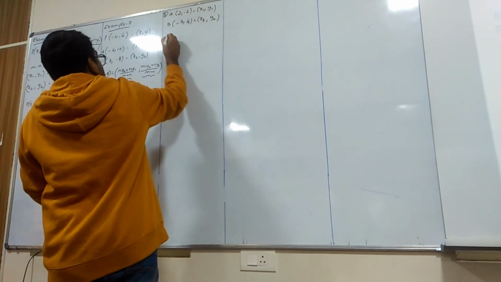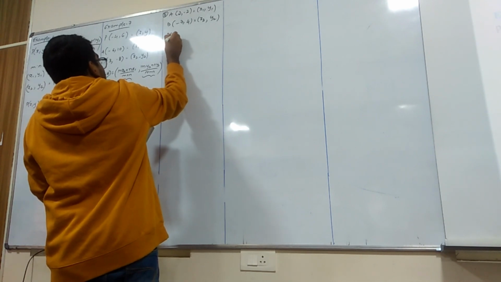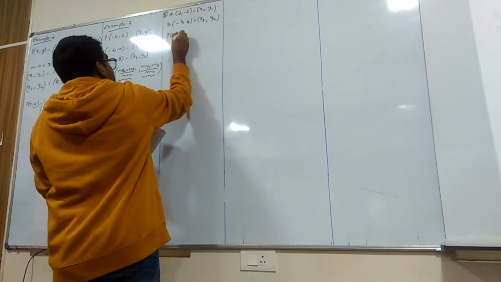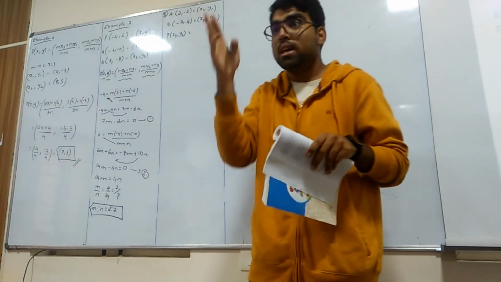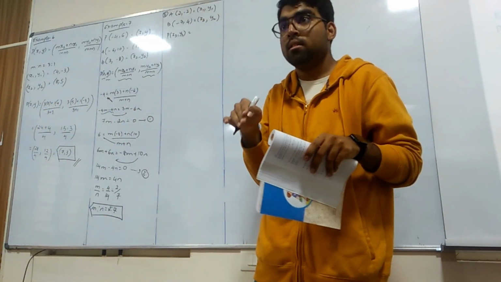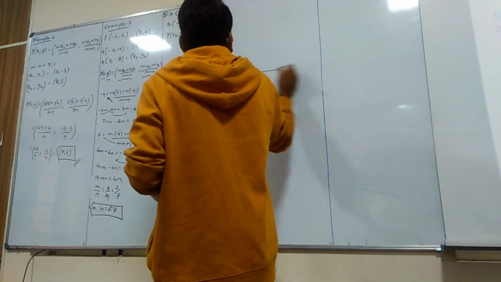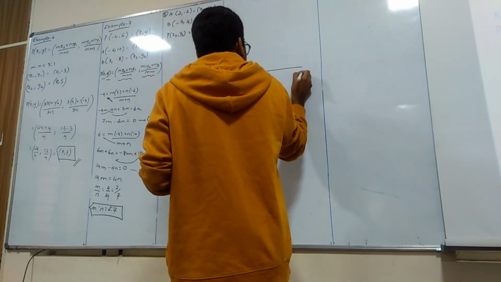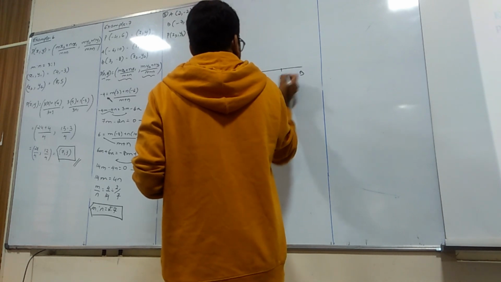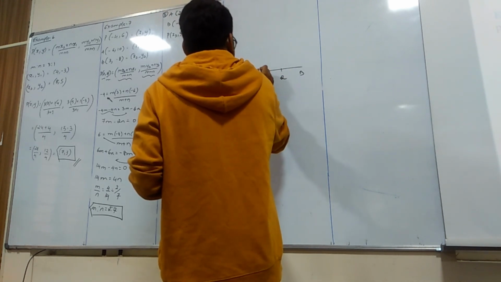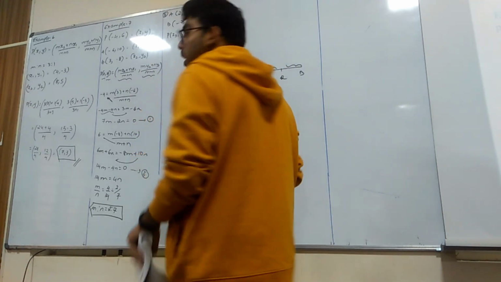Let me take point P as x3 y3. There are 2 points which are dividing the line. This is the line AB, this is P, this is Q, and the lengths are all equal.